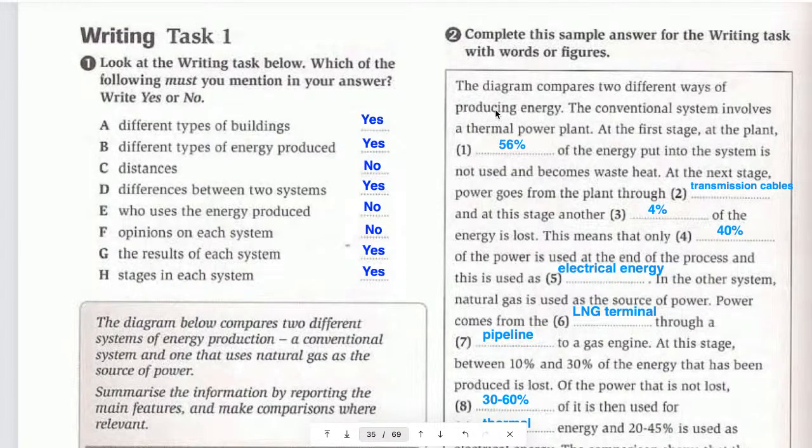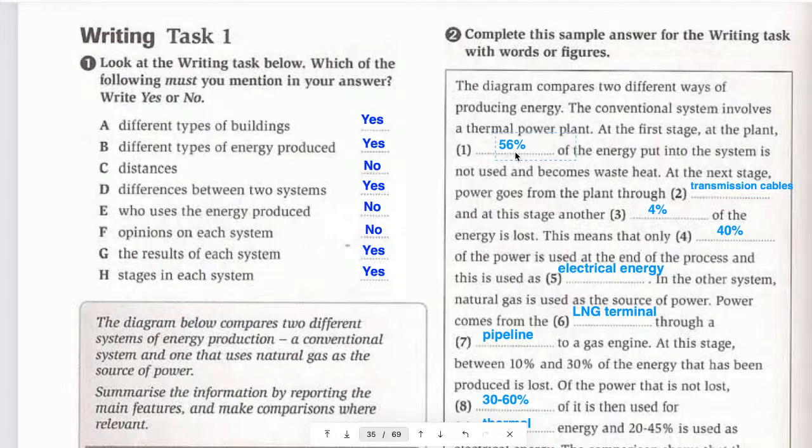Win-Hương, you can read the first one, starting from the diagram. Yes, 56%.